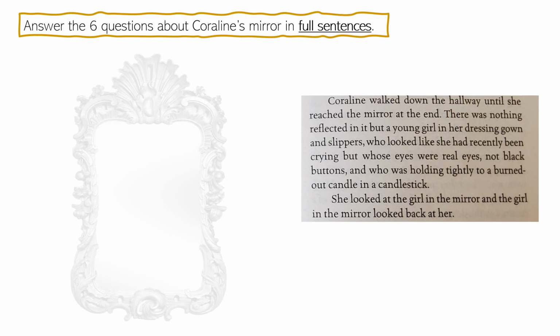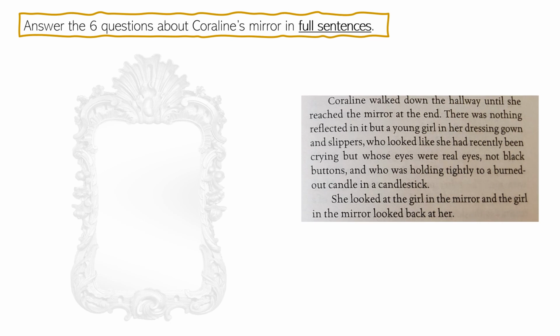Okay, so we've included the extract of the first bit on the screen, and there are 6 questions in total. First 3 are on this extract, and I'm going to bring the questions up and I want you to answer them in full sentences. So capital letter, full stop, writing them carefully and neatly in your book or on your Word document.